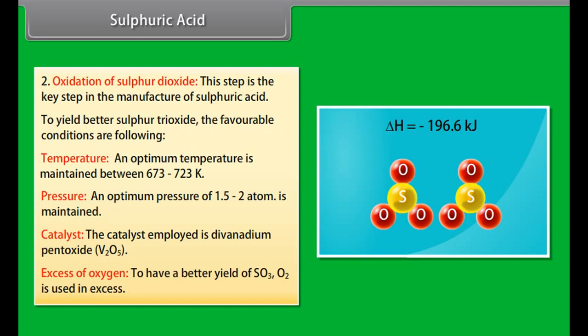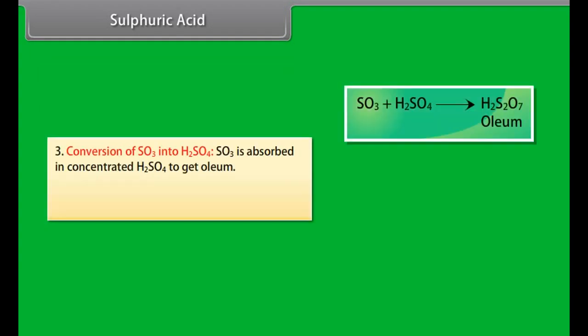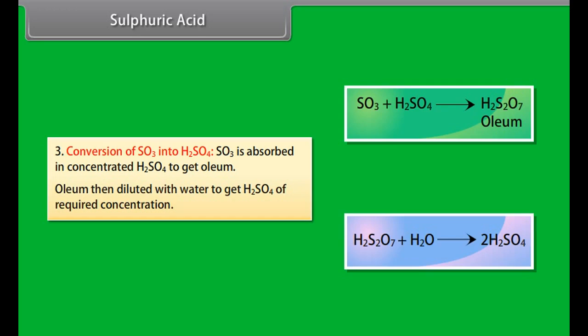To have a better yield of SO3, O2 is used in excess. Conversion of SO3 into H2SO4. SO3 is absorbed in concentrated H2SO4 to get oleum. Oleum is then diluted with water to get H2SO4 of required concentration.